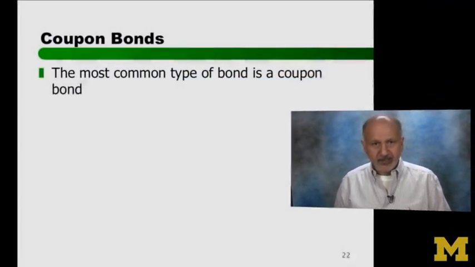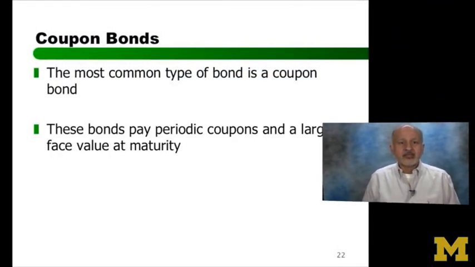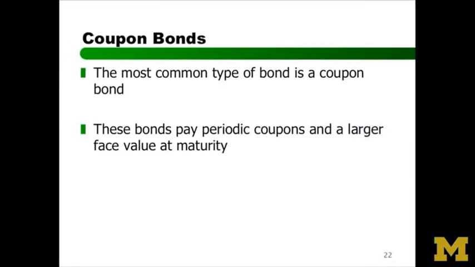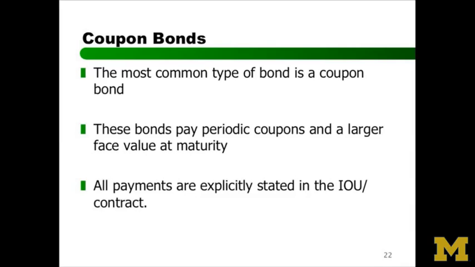So let's start with government bonds. Most government bonds do have coupons, and it's the most common type of bond out there. These bonds pay periodic coupons and a larger face value at maturity. All payments are explicitly stated in the IOU contract.